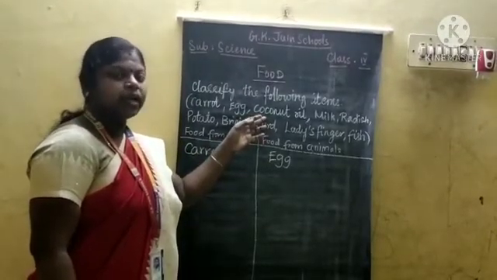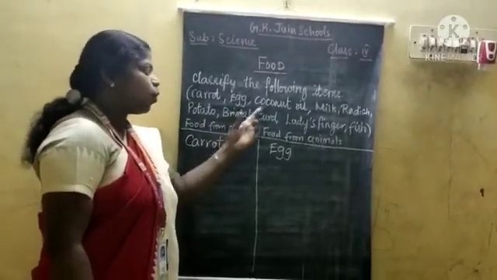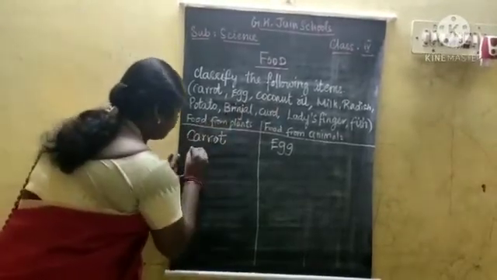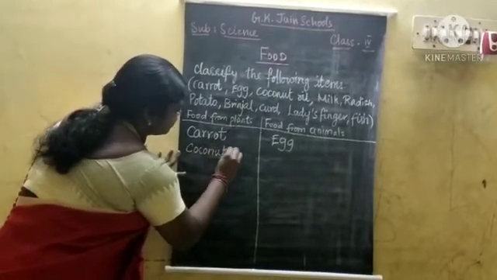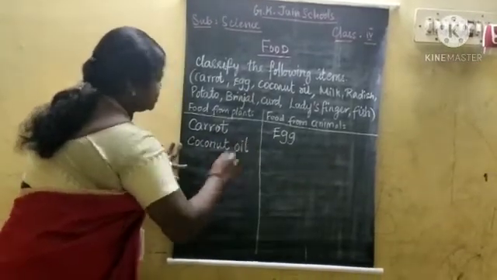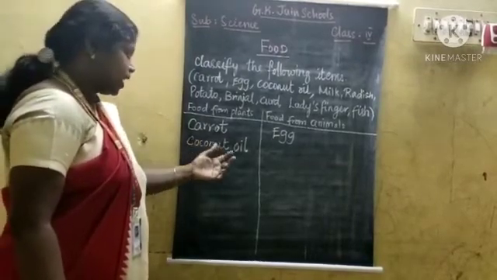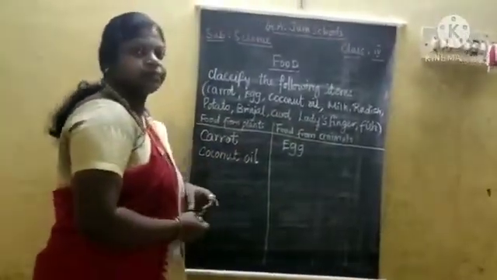The next one, coconut oil. We get coconut oil from plants, because from the coconut only the oil is taken, so that is a plant. C-O-C-O-N-U-T, coconut, oil, O-I-L, oil. The next one is milk.